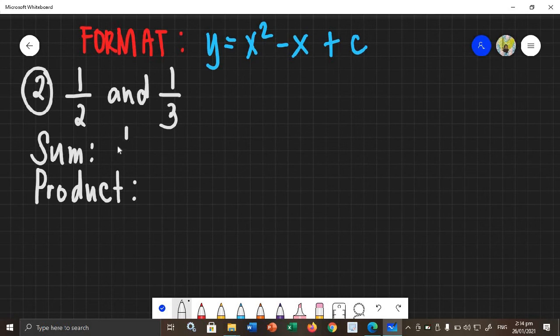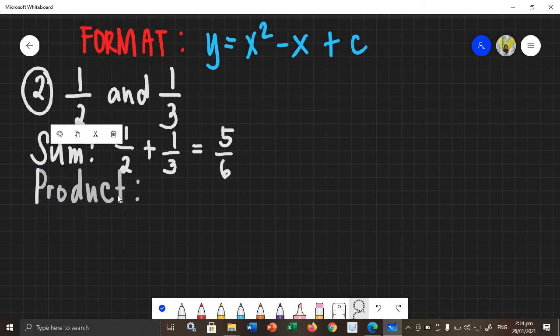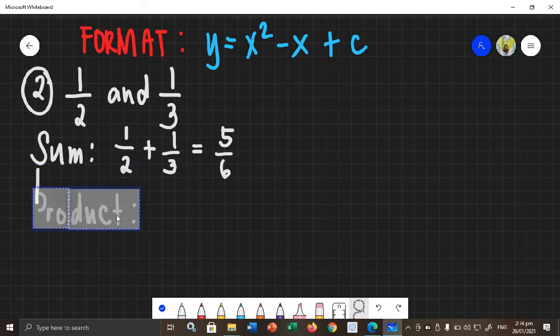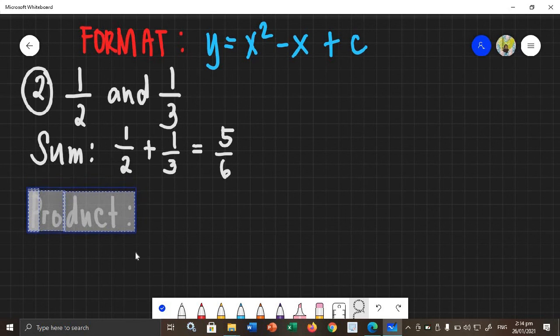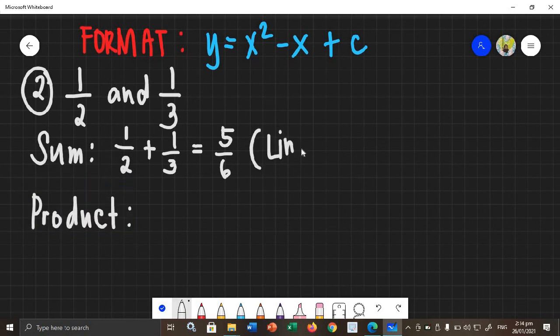So, 1/2 plus 1/3, that is actually equal to 5/6. Okay? And 5/6 is your linear term.